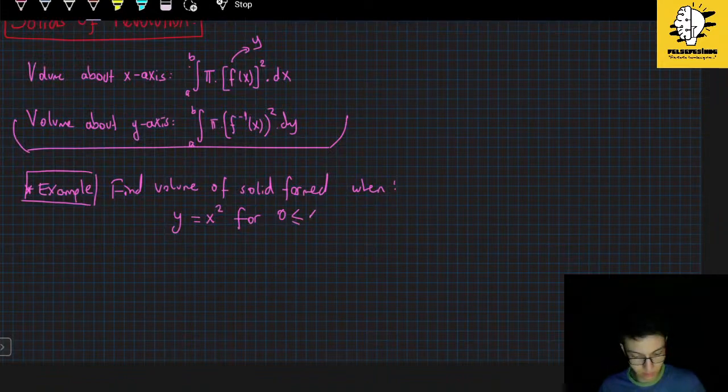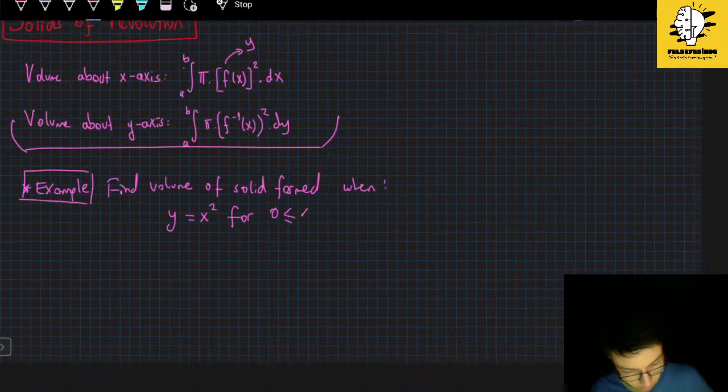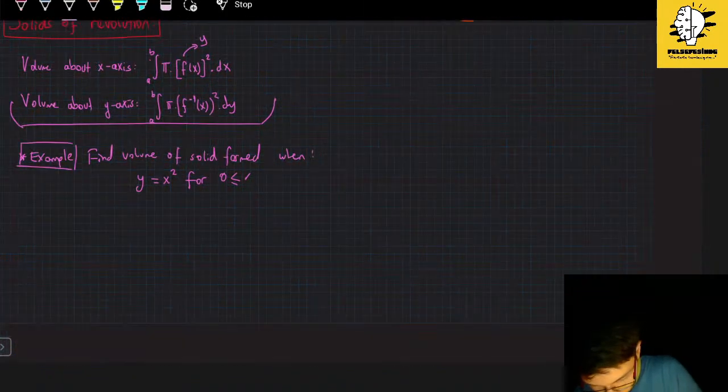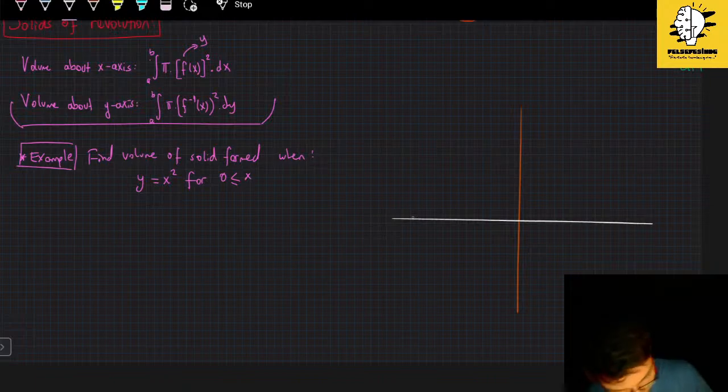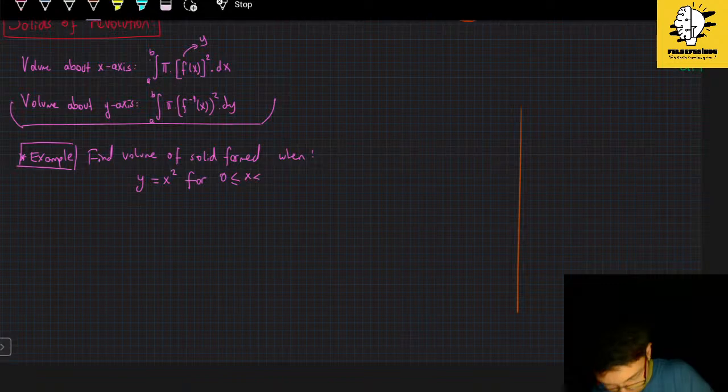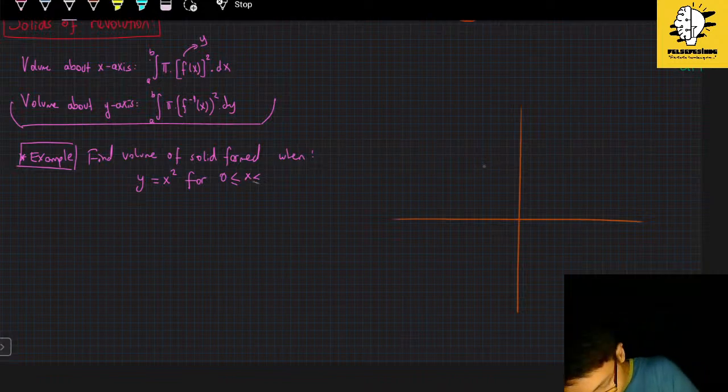Okay, let's solve the question. In the question, they already give us the interval, okay? All we need to do is just apply the equation. Okay, we know that it is 5 and 0, yeah? And then it is pi, and what was the equation? It is f(x) squared, right? Because it's f(x) squared, we are going to write y squared dx.